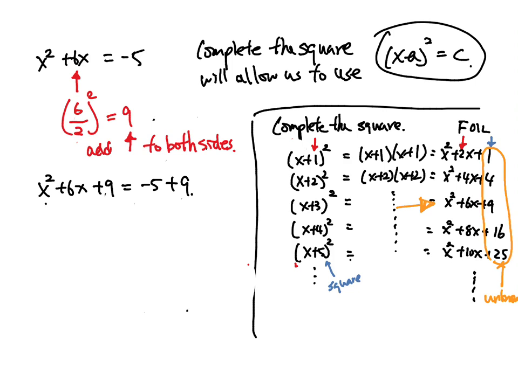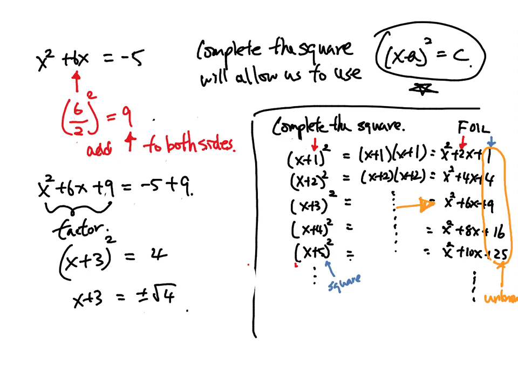But this allows me to factor. This is x plus 3 quantity squared equals 4. Okay, and then from here, square root property. x plus 3 is plus or minus the square root of 4. x plus 3 equals plus or minus 2.